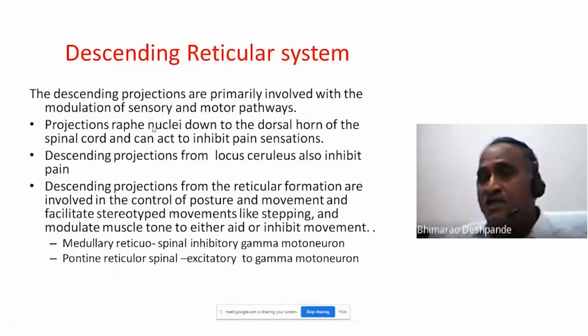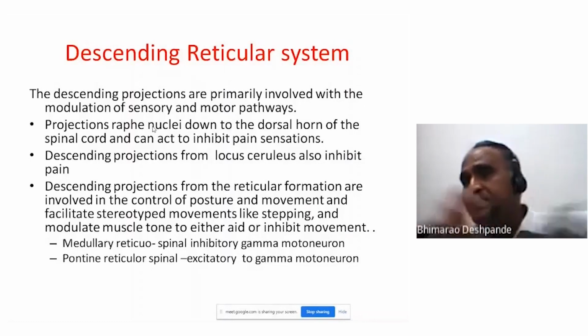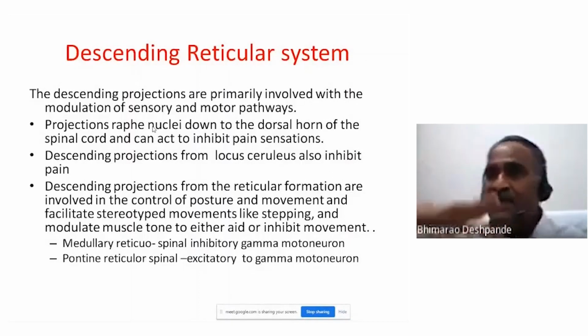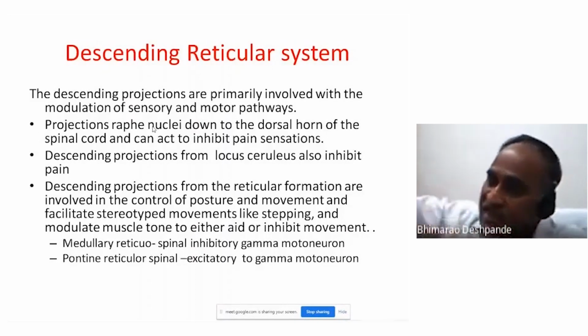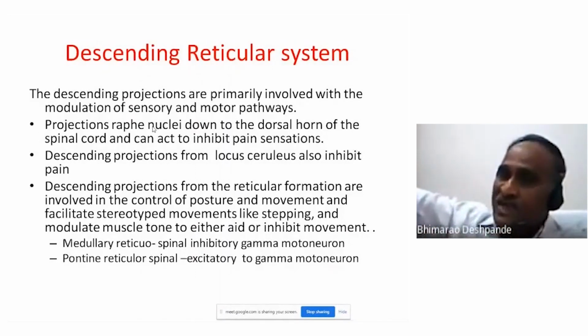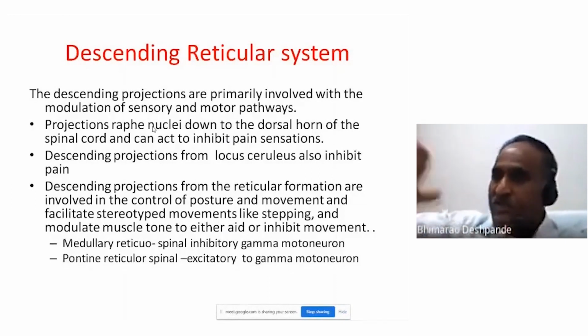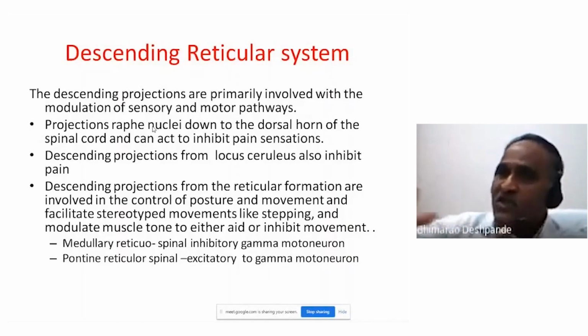That means they project onto the gate which is on the projecting neuron, and these serotonergic fibers presynaptically block it, and the lateral spinothalamic tract, originating from the projecting neuron, is suppressed. So that means they control the pain. The same thing happens with the locus coeruleus, which also suppresses pain by descending projections.